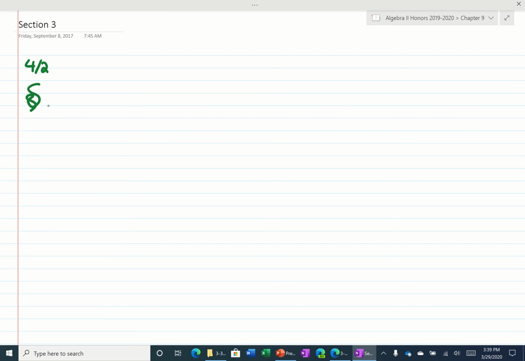And we're going to be talking about how to reduce. This is section 9.3. We're going to be talking about how to reduce, multiply, and divide rational expressions.